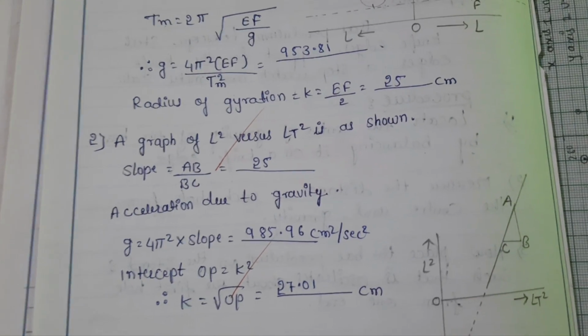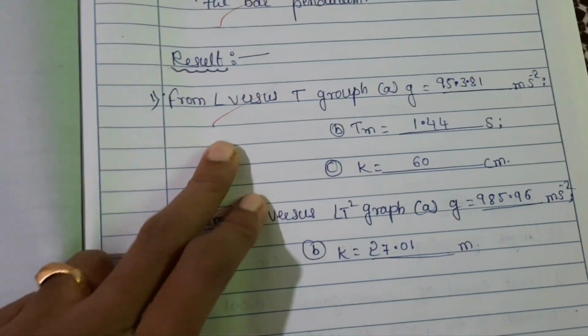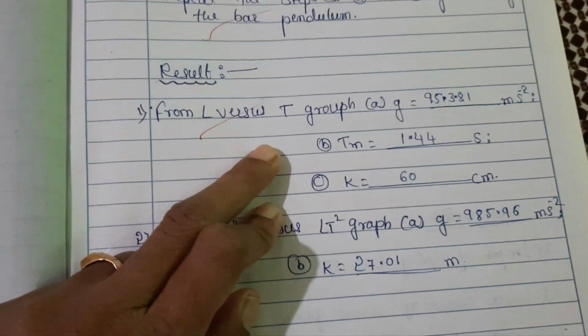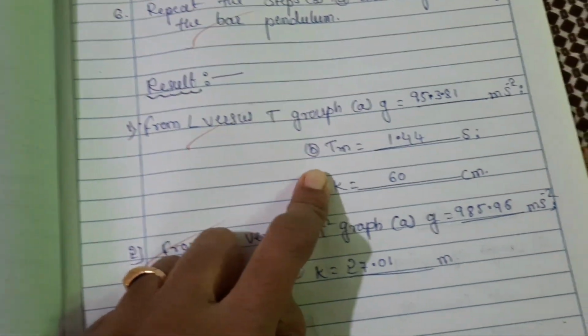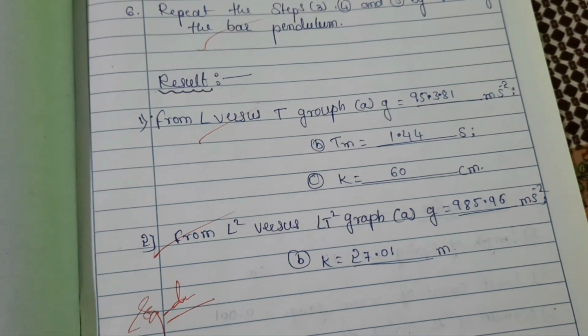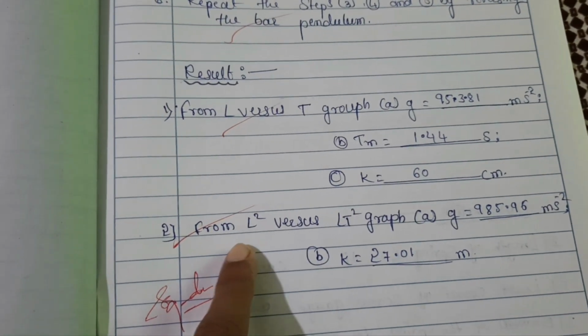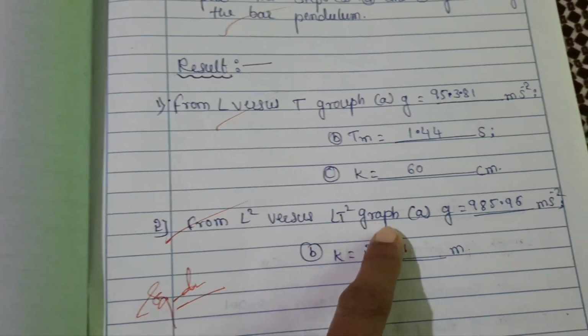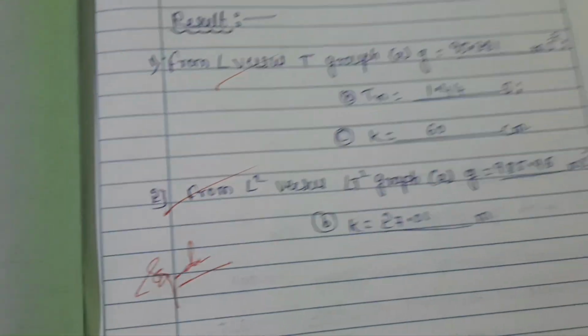From this experiment we can write the result for the acceleration due to gravity from the L versus T graph, the time period, and the radius of gyration. Then from the L square versus LT square graph, the acceleration due to gravity and radius of gyration.